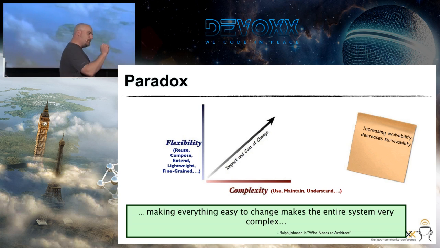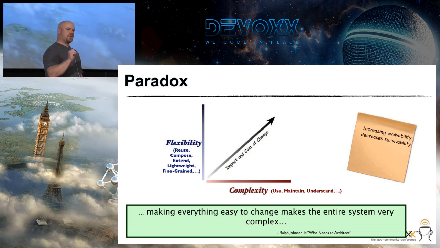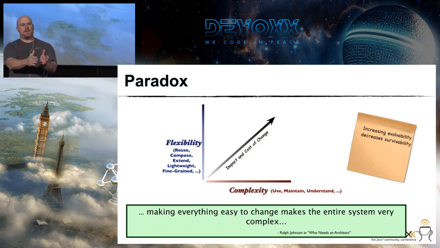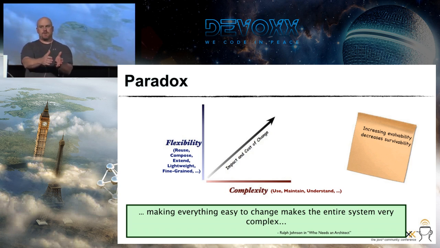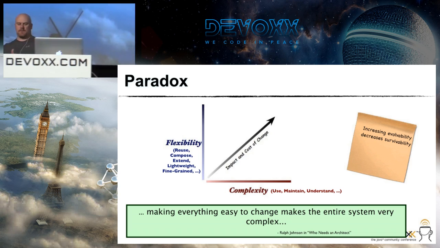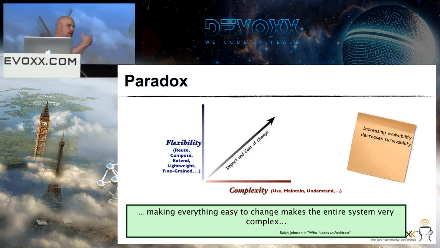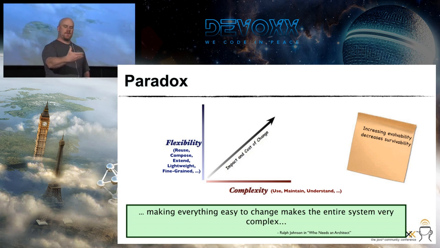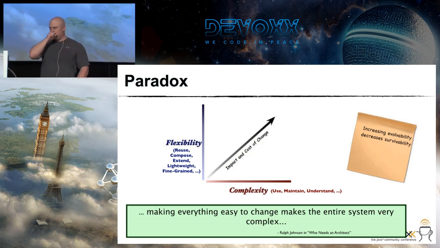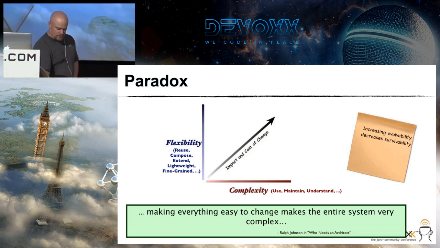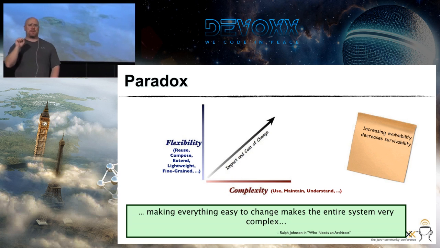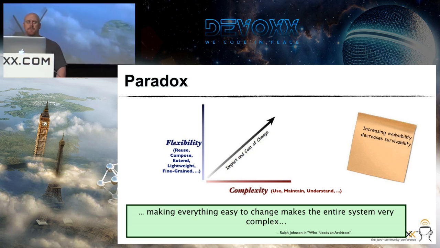So ultimately what we find in many situations is that the flexibility that we put in place to try to create a system that is adaptable results in an increase in complexity that ultimately decreases the survivability of our software system. In fact, we achieve the exact opposite of what we tried setting out to achieve.